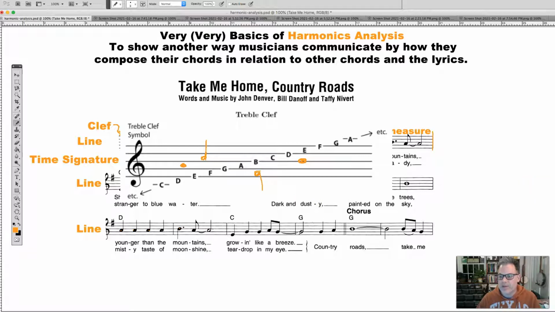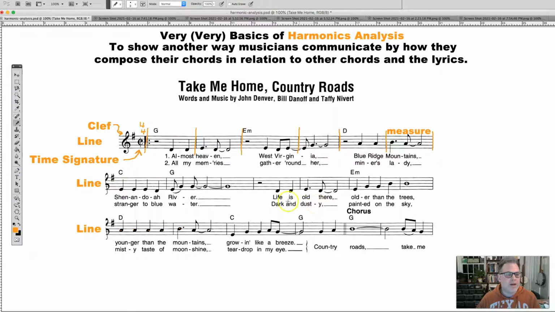So I'm going to take the clef off so we can see other things. Oh, took off the wrong clef. There we go. And the last thing we have on here is the key signature. The key signature is in this area here and consists of this little sharp notation, or what we would call a flat notation.